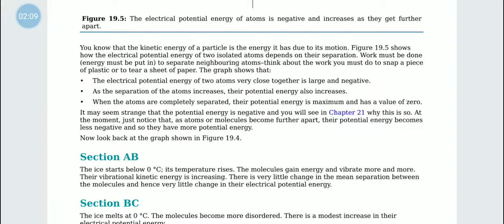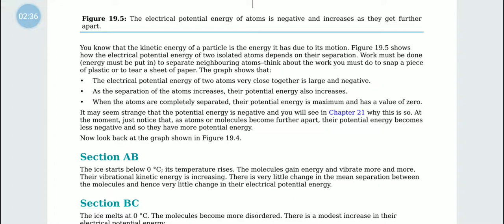Based on that principle, there are three things that we need to understand. The first one is that the electrical potential energy of two atoms very close together is large and negative, so it has a larger value and is negative. As the separation of the atoms increases, their potential energy also increases.